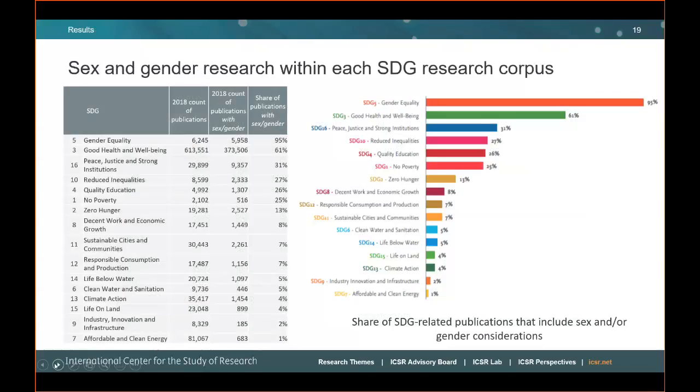The figure on the right graphically presents the data from the greatest proportion of sex and gender research for an SDG, which is SDG 5, or gender equality, to the least. And that is, unfortunately, affordable and clean energy. What we saw is that only SDG 5 and SDG 3, good health and well-being, are the only SDGs with more than 60% of the publications factoring in sex and/or gender research.